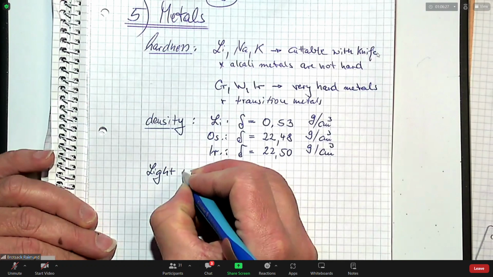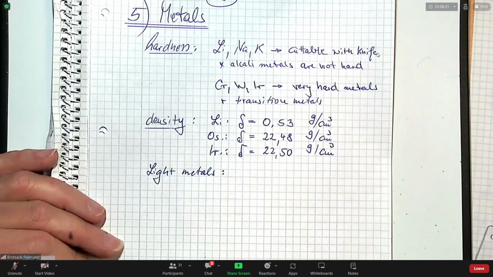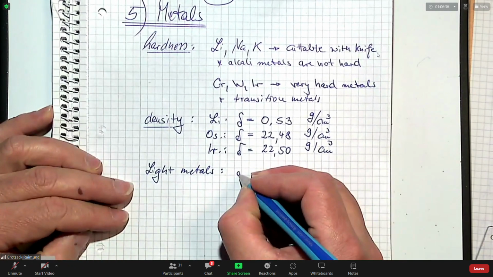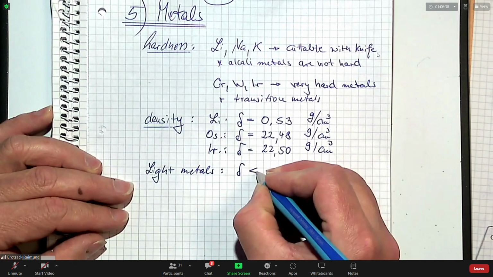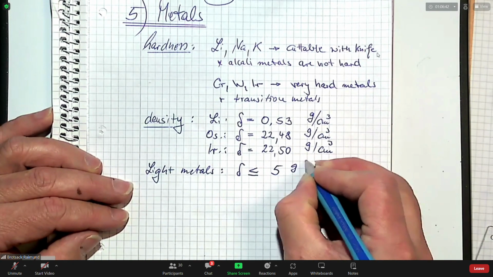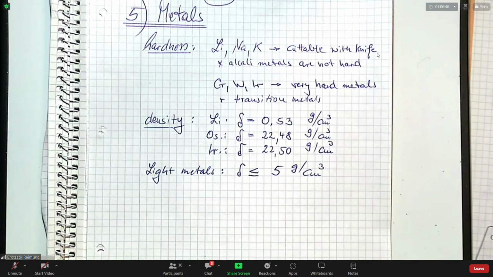The light metals, typically, the density is below 5 gram per cubic centimeter. So it is below or equal to 5 gram per cubic centimeter. These metals we call light metals.